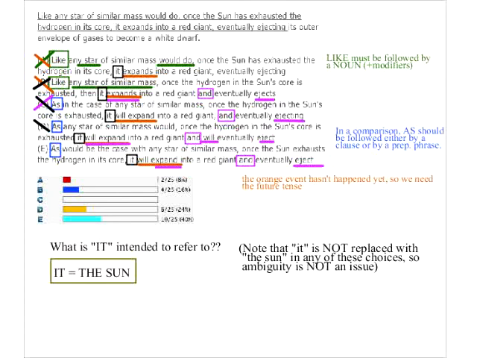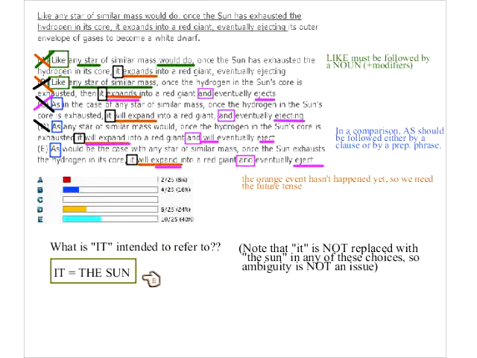Can anybody summarize quickly why? Okay, so some people are trying to assign that it to other nouns in B, C, and D. You don't want to do that because it's a waste of your time. We know that it is the sun.